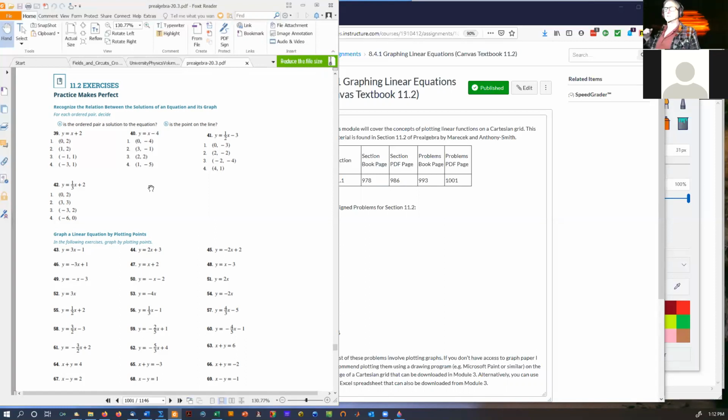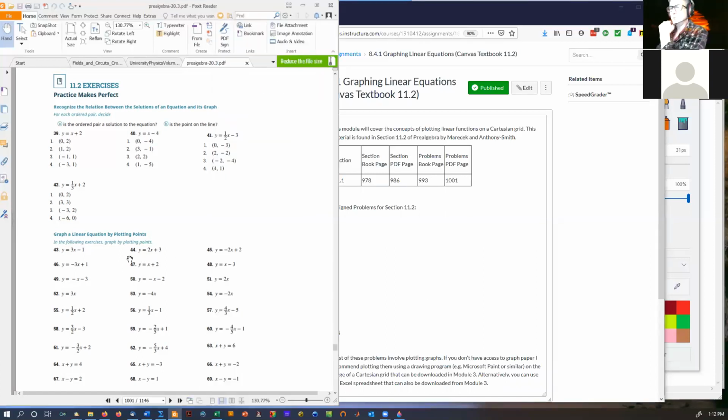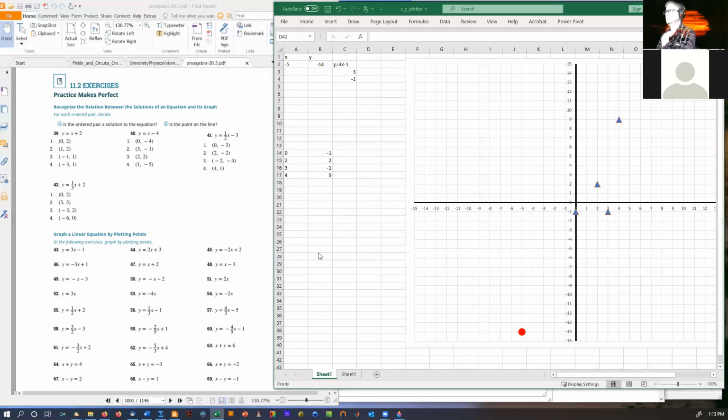But now let's look at, what was the next one, 45? 43. 43, which is graphing y equals 3x minus 1 by plotting points, okay? So let's go and do that in the spreadsheet just for the heck of it.